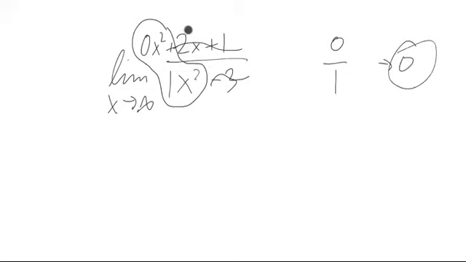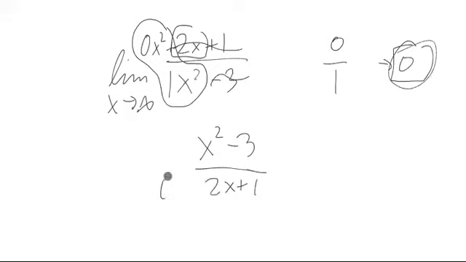So if the leading term on the top actually has smaller degree, we can be sure that the limit will be 0. Likewise, what if we had flipped this around, x squared minus 3 over 2x plus 1? We could have done the same trick and put a 0x squared here. And then thought in the end it's going to be like this, which looks undefined, 1 over 0.